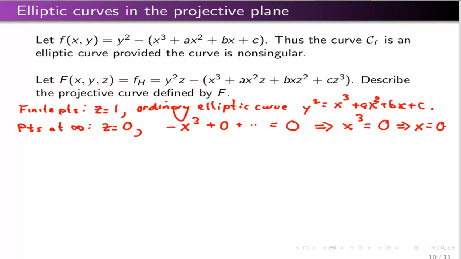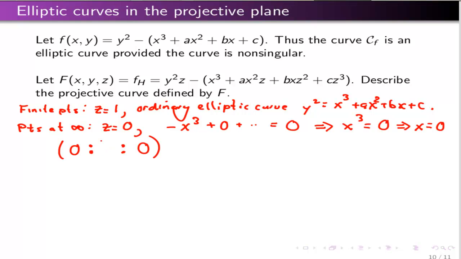So in the projective plane, the only point satisfying the equation f of xyz equaling 0 at infinity is this point where both x is 0 and z is 0.